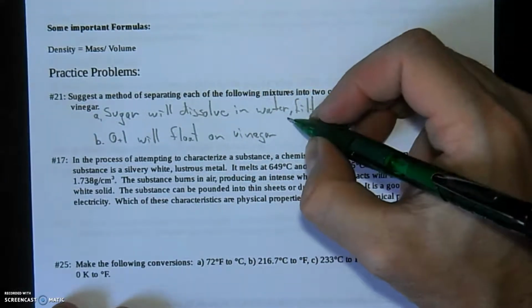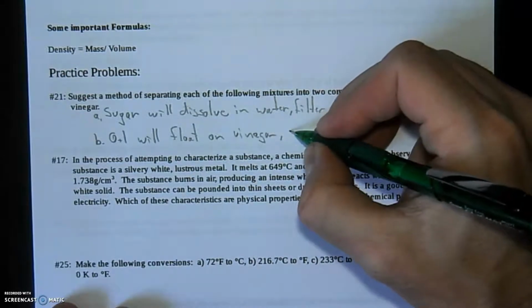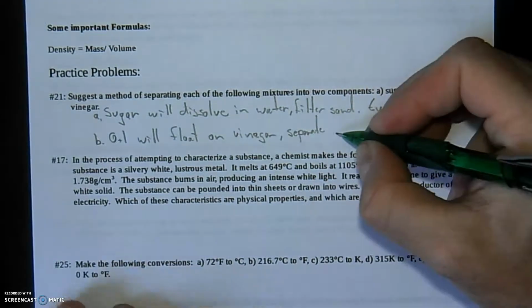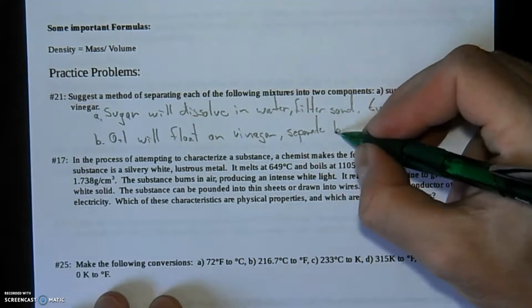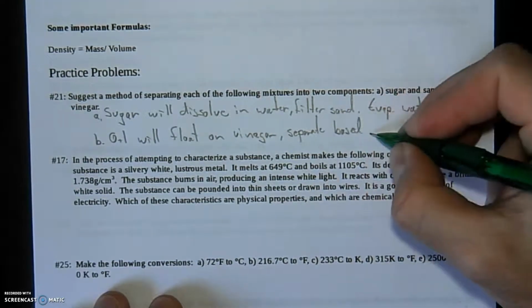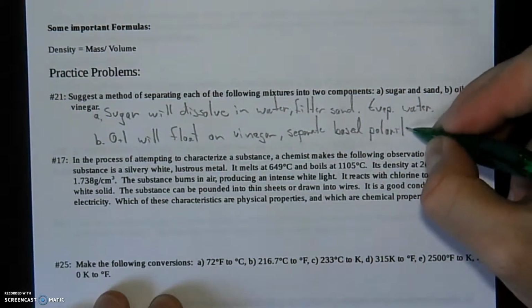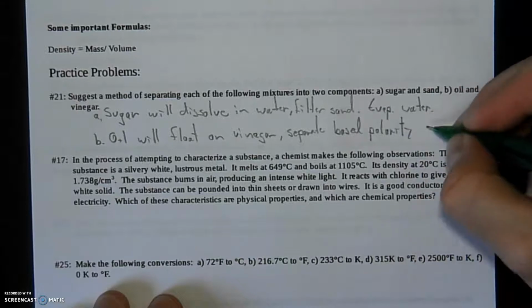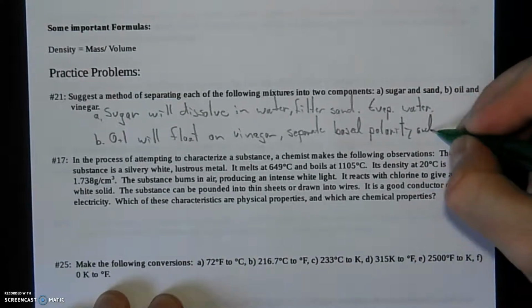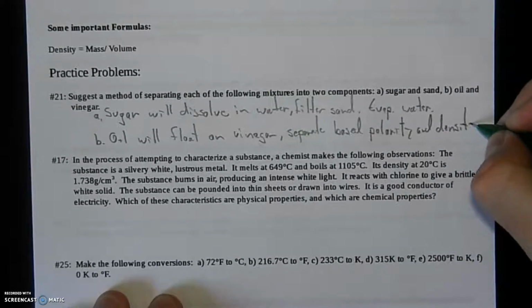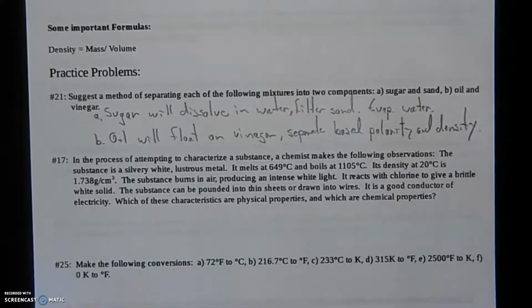And then you can just skim off or separate. And this is going to be based on polarity and density. The two are separate from each other.